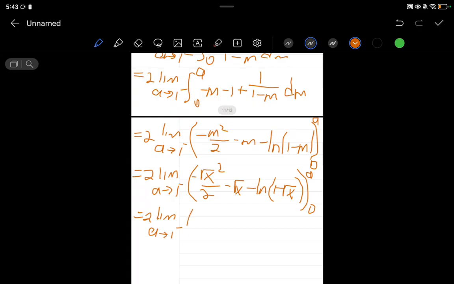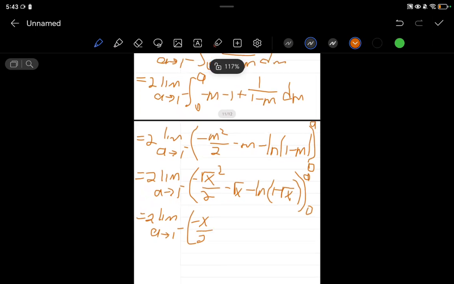So this would be minus x over 2, and then minus root of x, minus ln of 1 minus root of x, from 0 to a.